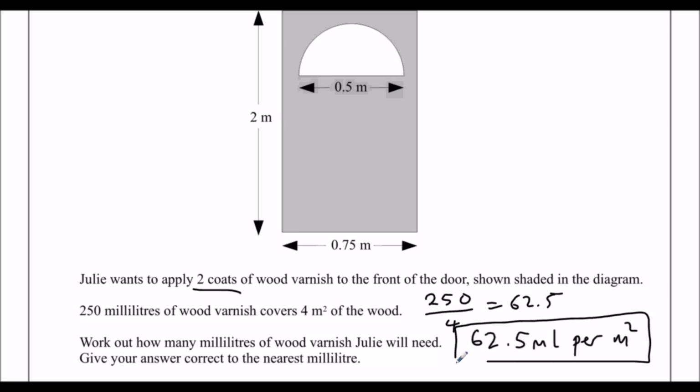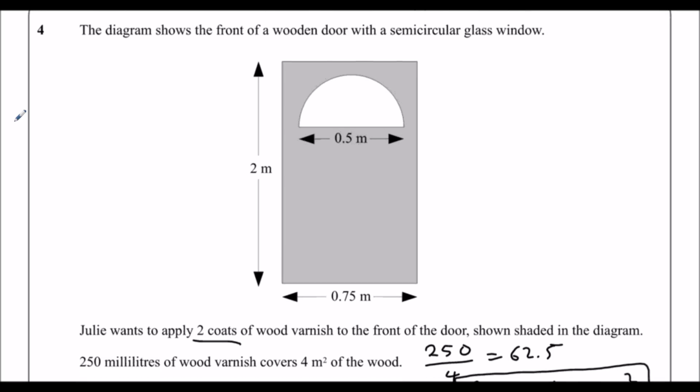So we'll work out the area in meters squared, times it by 2, and then times it by 62.5. So the area of the shaded region is the rectangle, take away the semicircle. So area of rectangle, 2 times 0.75, which is 1.5 meters squared.